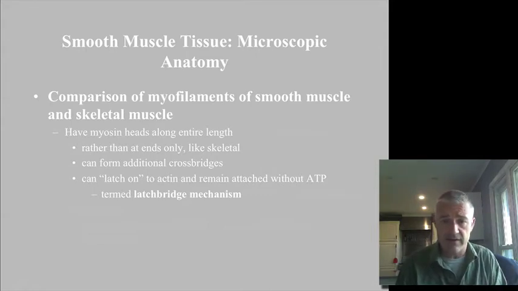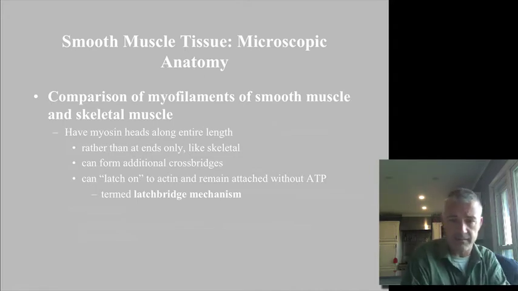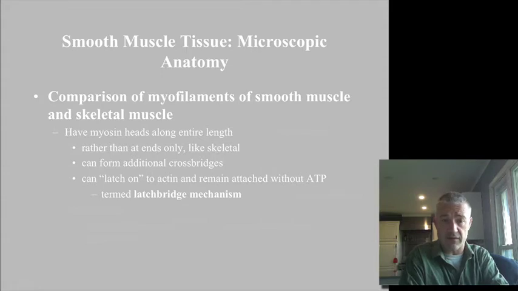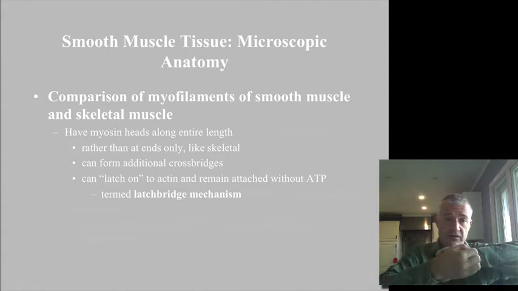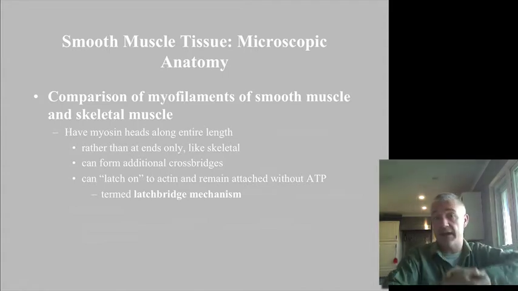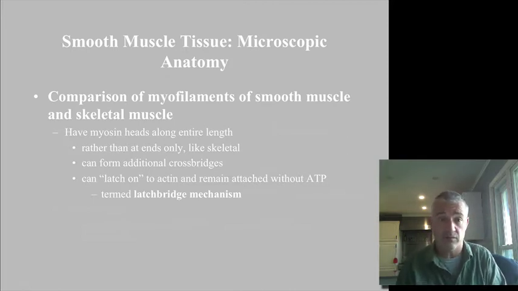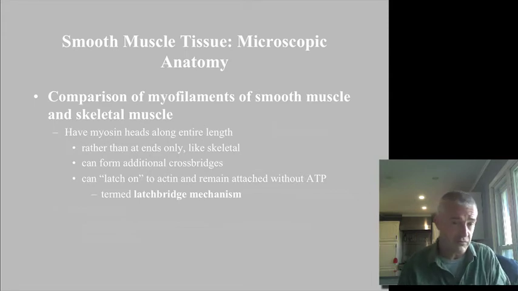The other thing we're going to see is these cells are capable of what's called a latch bridge mechanism. Because of how they're activated, which we'll talk about in just a little bit, these cells can contract a little bit, form some tension, and then hold that tension without consuming ATP. When you think about what smooth muscle is doing some of the time, like in a sphincter, this is a good thing. You don't want lack of ATP to cause the sphincter to open up when you don't want it to.